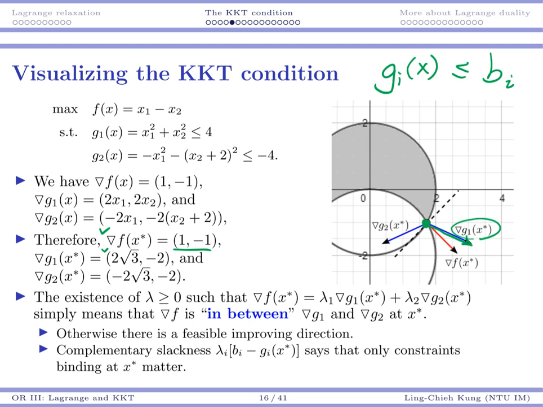To what? It should be perpendicular to that constraint, right? So for your constraint, you may draw a tangent line here at your point x star. Then your gradient g1 is going to point toward the invisible part of your constraint, in a perpendicular angle.